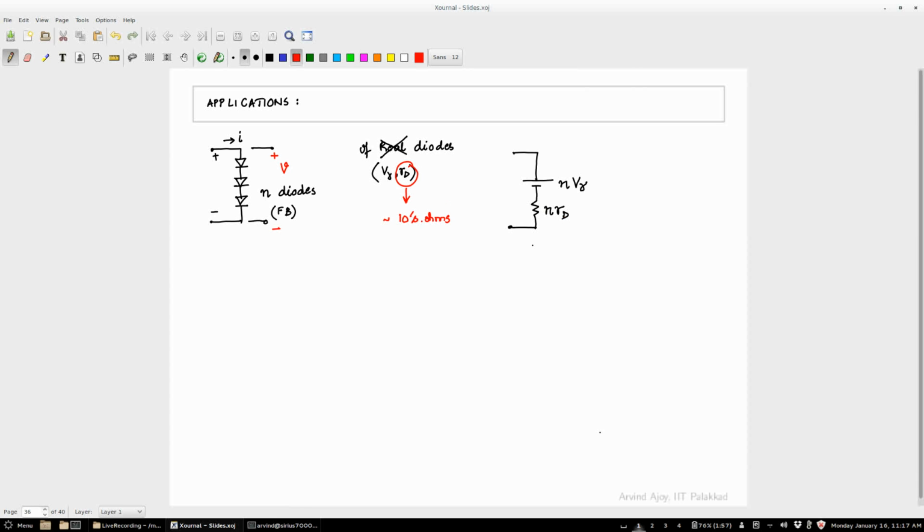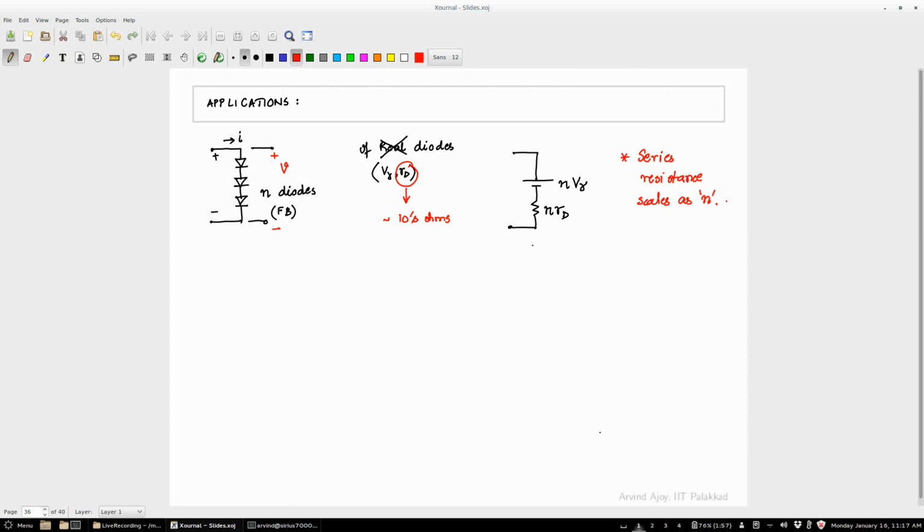Right? So if you say you want a 6 volt supply, and say V gamma is 0.6, you will have 10 diodes connected, all of them forward biased. So you get 10 times 0.6, which is 6 volts, and your resistance would be 10 times R_D, so this is tens of ohms, so assume this is like 20 ohms. This will be 10 times that.